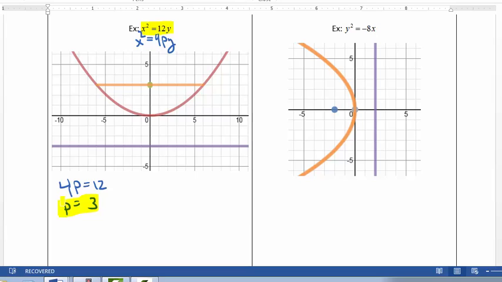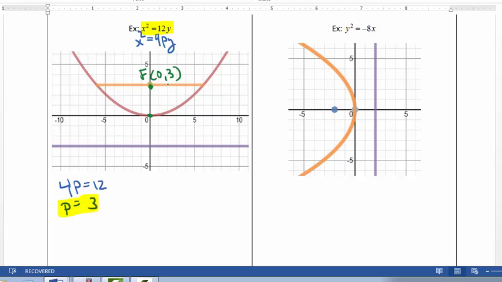And now to get the focus, what would I do? I would go up 3 units, and that would be my focus. So in this case, I'm at 0, 0 with my vertex, and since p is 3, I go 1, 2, 3 up, and I get here. So this is my focus, which is the point 0, 3, right?